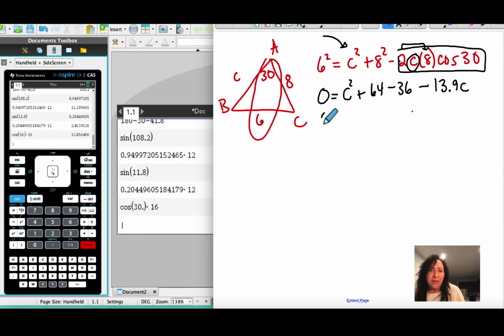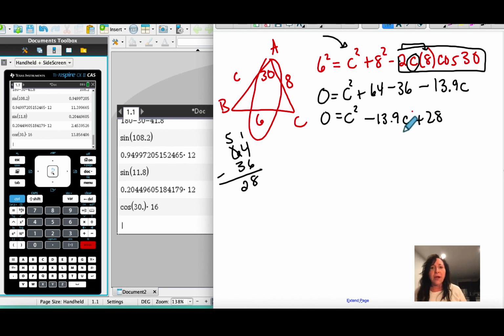All right, I'm going to rewrite this. So 0 equals c squared minus 13.9c. And then 64 minus 36, what is that? That's 28. So plus 28. All right, so yes, you can use the quadratic formula.